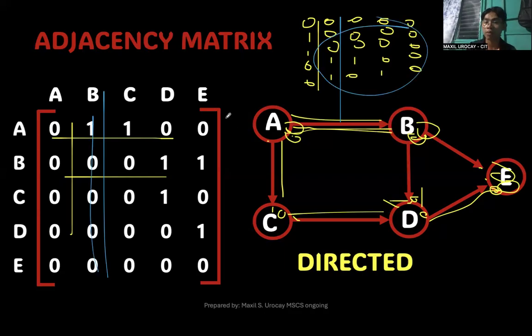That's how it works in a directed graph, so it is not symmetric anymore. So that's actually how the adjacency matrix works. That is basic, and hopefully you understand how the adjacency matrix works.